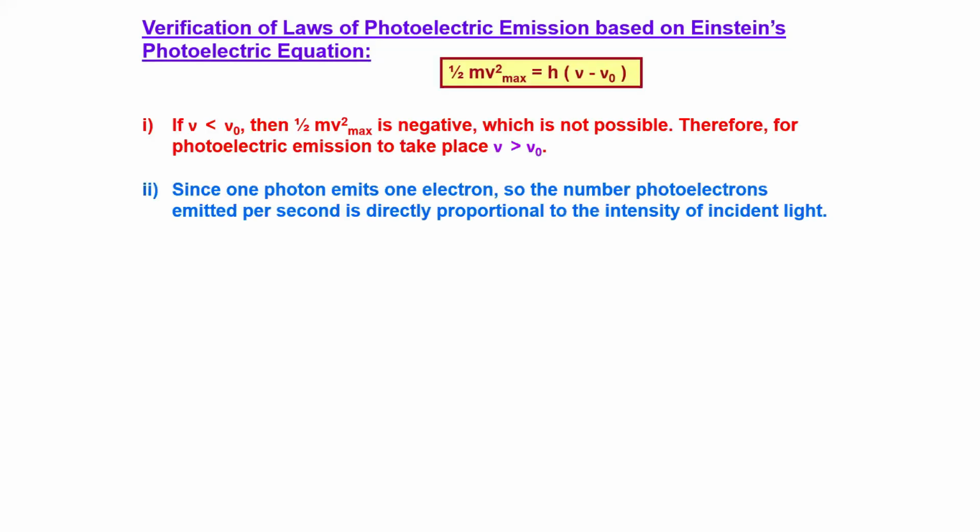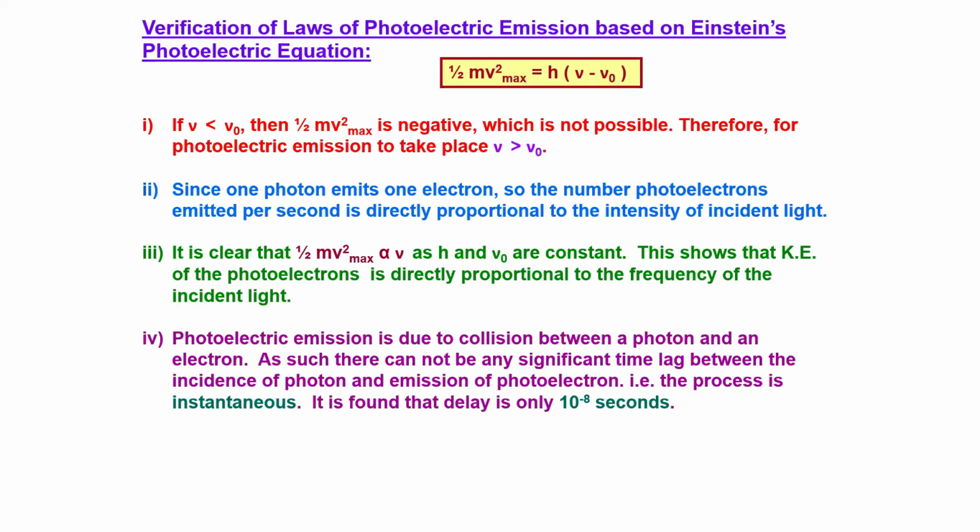Now we are moving to the verification of the laws of photoelectric emission based on Einstein's photoelectric equation. As I said, we are going to use the photoelectric equation only, which is nothing but half m v square is equal to h nu minus nu naught. Nu here represents the frequency, whereas nu naught represents the threshold frequency.